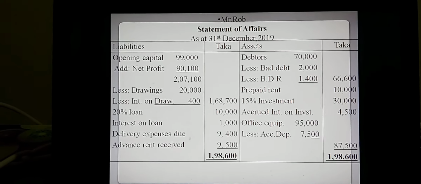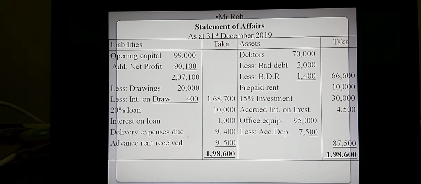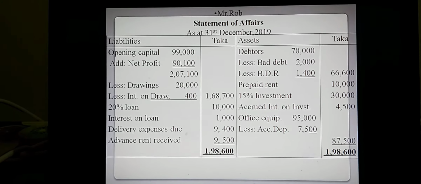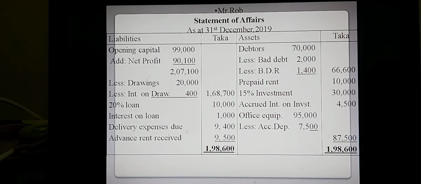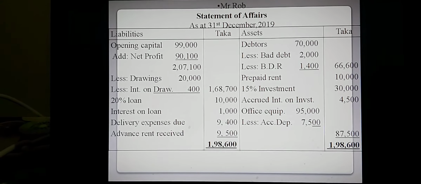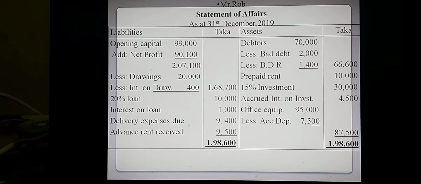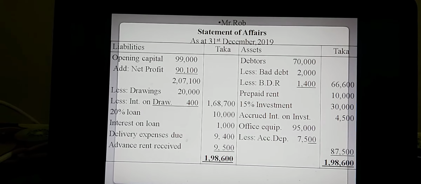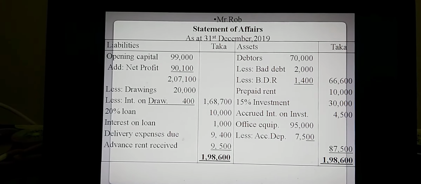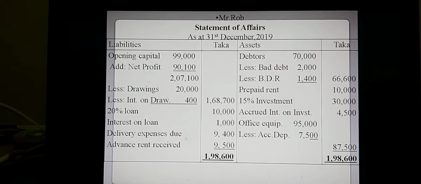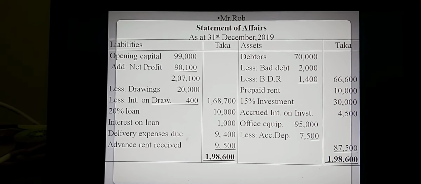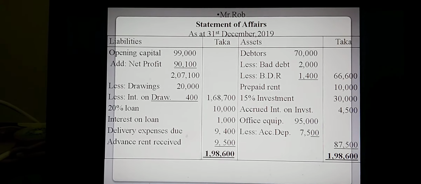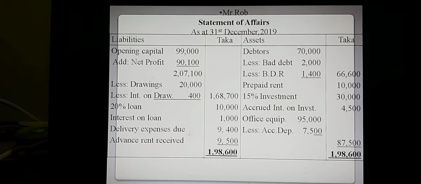And then you have to deduct two amounts, that is drawings, total drawings, cash and goods, and also interest on drawings has to be deducted. At first you have to deduct the amount of drawings, total 20,000, and interest on drawings 400.